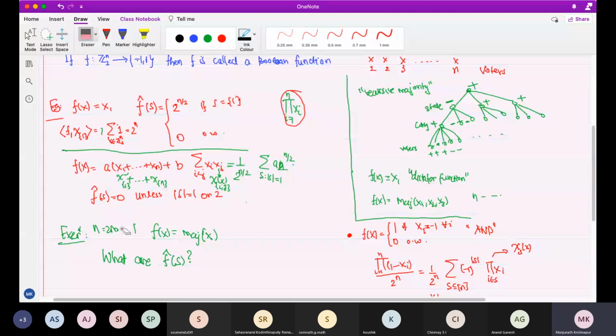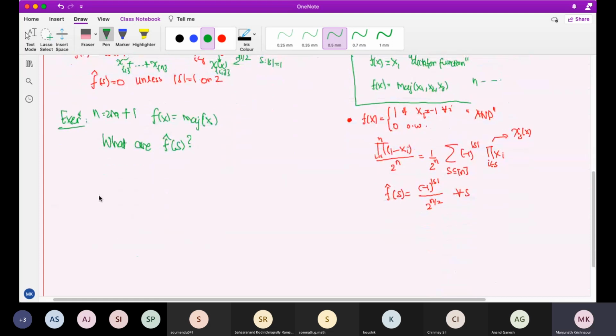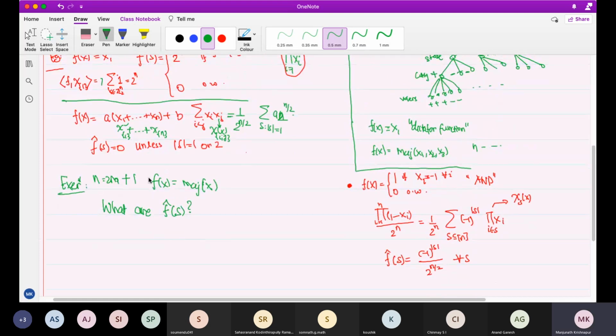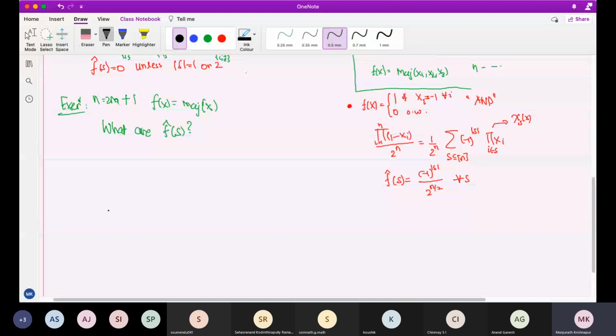In some intuitive sense, you may believe that that is somehow the least susceptible to change, but so they proved such a theorem actually. So we will not go into that. Okay, so finding the Fourier coefficients of majority is a kind of good problem. Someone who wants a challenge can try that.